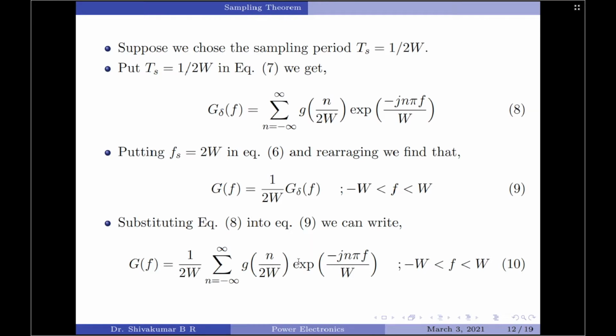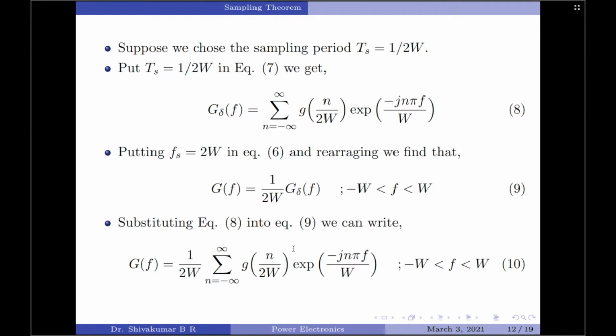Now, from equation 10, we should note, if the sample values g(n by 2w) of our input signal g(t) are specified for all time t varying from minus infinity to plus infinity, then the Fourier transform G(f) of our original signal is uniquely determined by using the Fourier series equation given by equation 10.